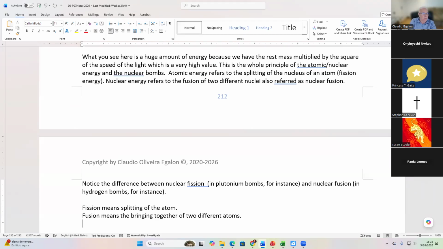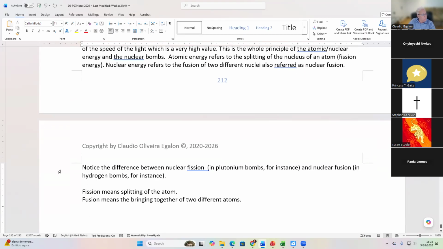Even better would be nuclei. Okay, but how did Einstein derive the above equation? We're not going to derive it here. It requires some calculus, but I can give you the step-by-step procedure.